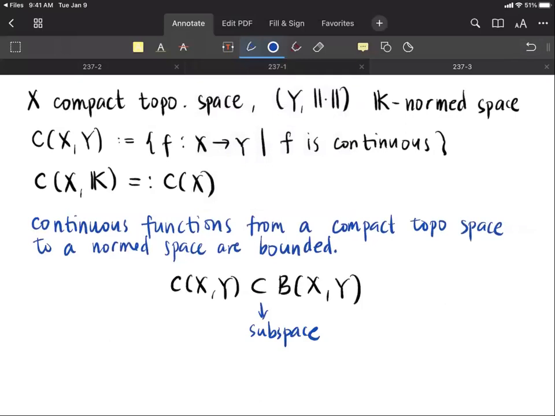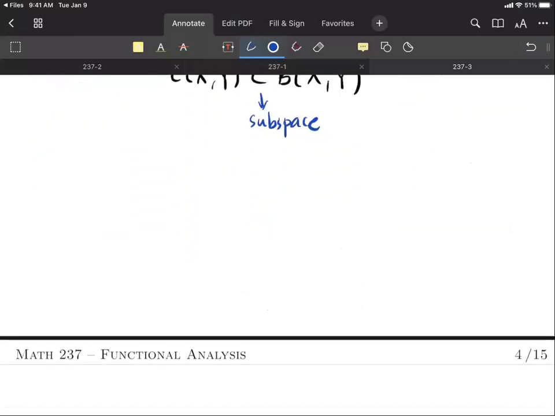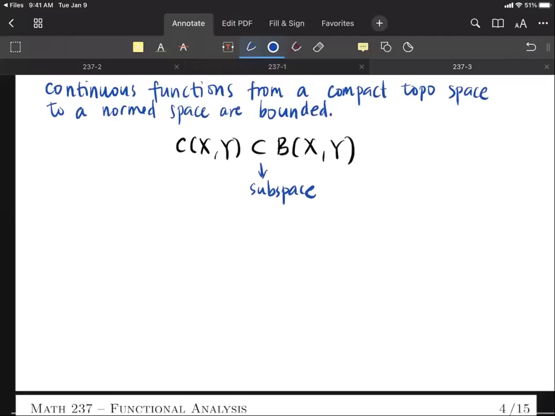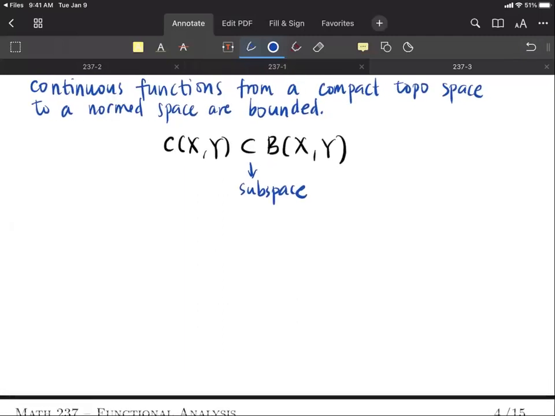I will leave the details for you to verify, and the proofs are somewhat similar to what you know in calculus, like the sum of continuous functions is again continuous, for instance. Okay, so what we are interested in here is that the space of continuous functions is a Banach space, provided that Y is also a Banach space. So let us state that here.